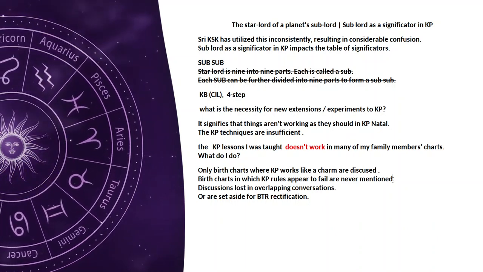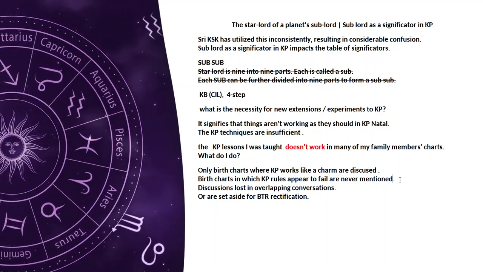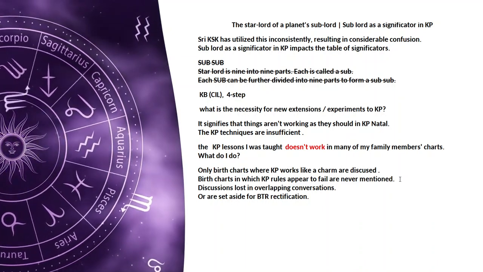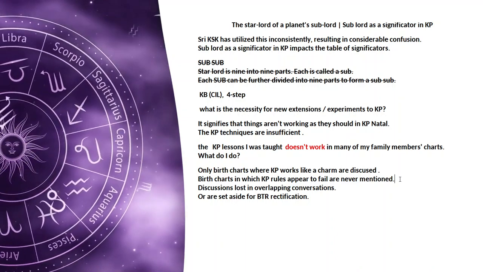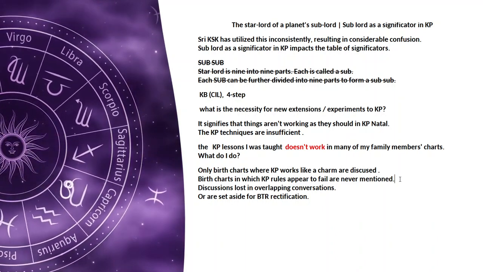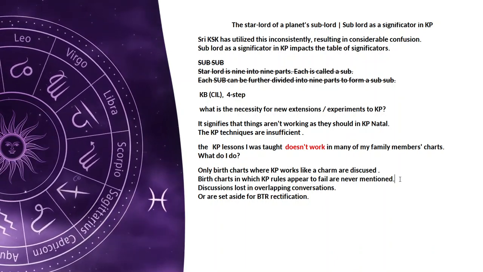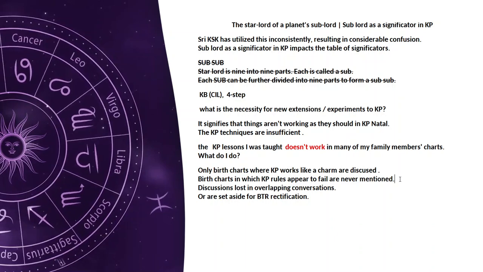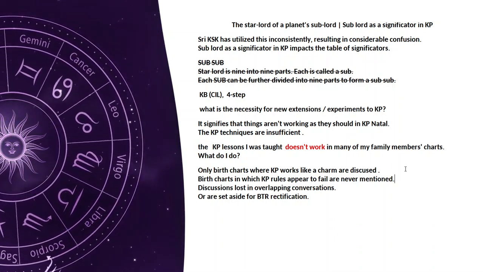I think a good teacher should also discuss why KP rules fail, even if he or she doesn't know the reason. This will help the student understand that there are challenges within the KP framework also, and second, the student will get motivated to do some more experiments within the KP framework.